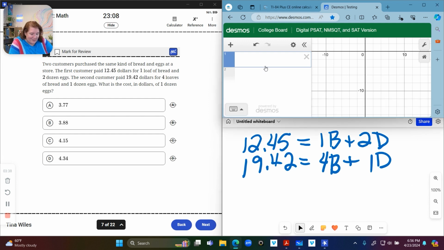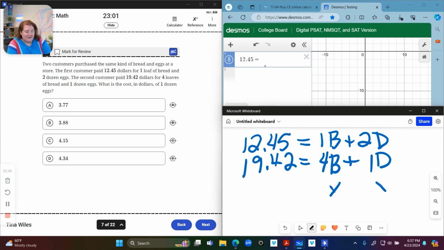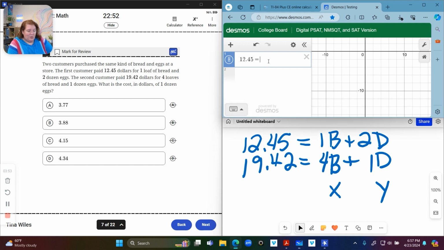Because we can use Desmos, I am just going to type it in here. Because this is on the XY coordinate plane, I need to use x and y as my variables. So I'm going to do 12.45 equals x plus 2y, making the bread x, and 19.42 equals 4x plus y.